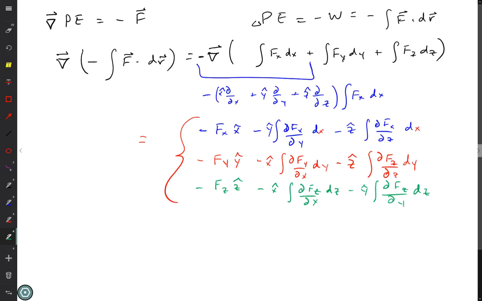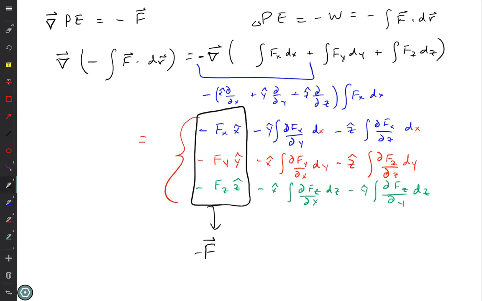Now, if you look at this, you realize right away that these things right here add up to give me minus the force vector. Minus sign because they all had a minus. Force x in the x direction plus force y in the y direction plus force z in the z direction. So what about those other things? What gives with those?